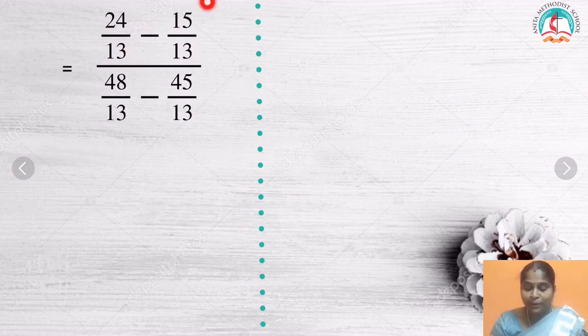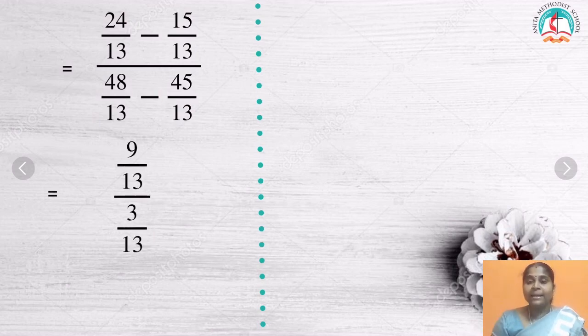Look at the numerator and the denominator. You have 24 by 13 minus 15 by 13. Both the denominators are equal. So just subtract the numerators, and here also the denominator is the same. So subtract the numerators. So it is 9 by 13 over 3 by 13.